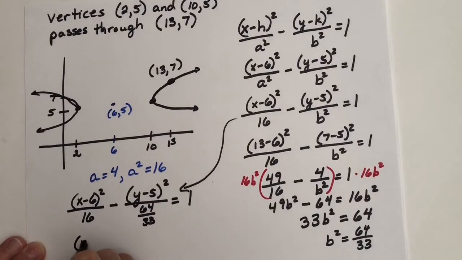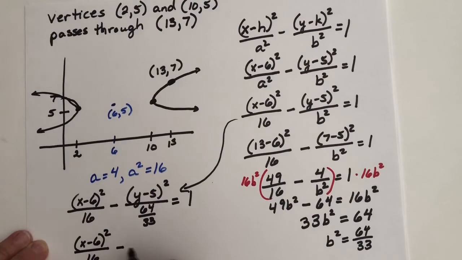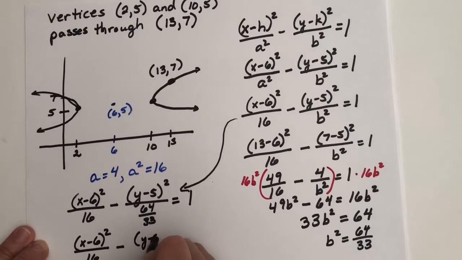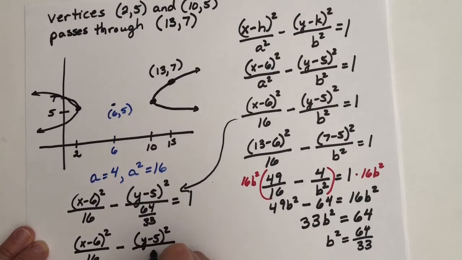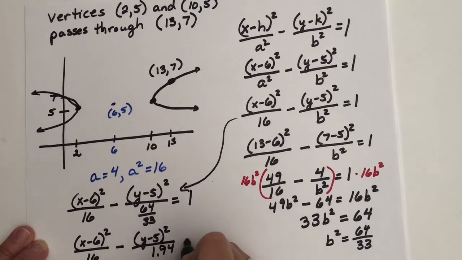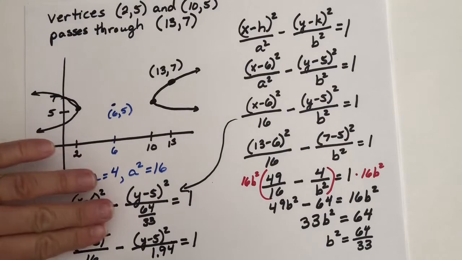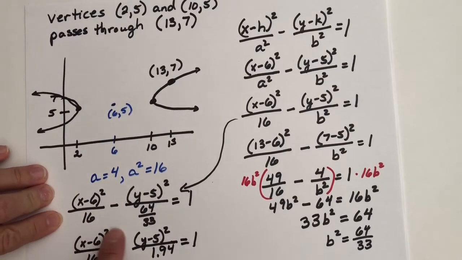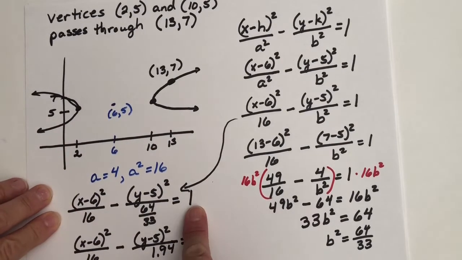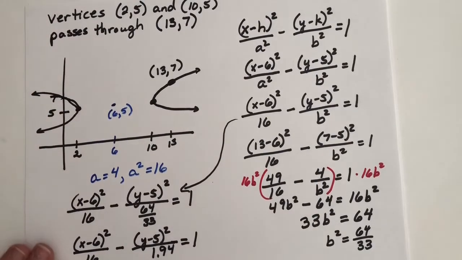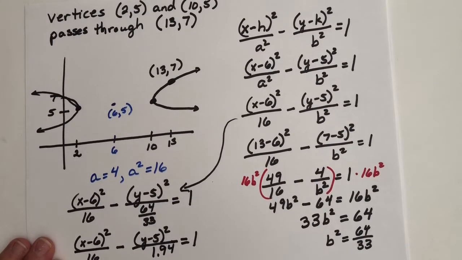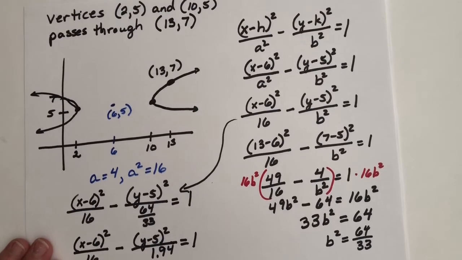So we have (x minus 6) squared over 16 minus (y minus 5) squared over about 1.94 equals 1. But I actually would probably leave the answer this way. That's the exact equation that represents this. This is pretty close, and some people just prefer to see the denominator written as a decimal, but either way.